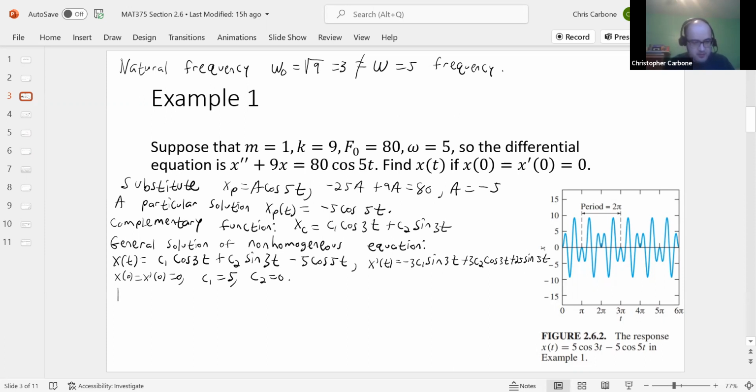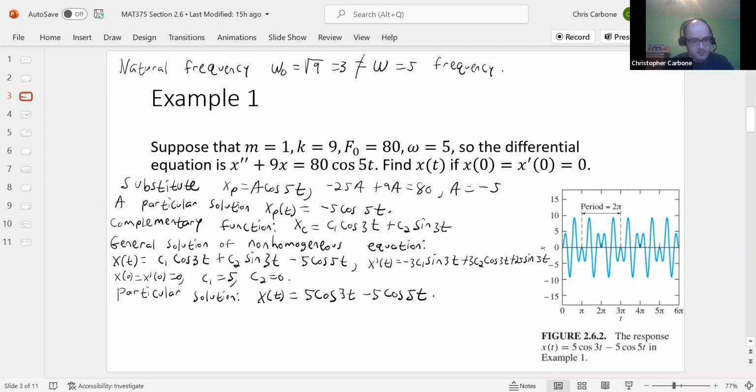So the particular solution, the one that we desired, is going to be x of t is 5 times the cosine of 3t minus 5 times the cosine of 5t.